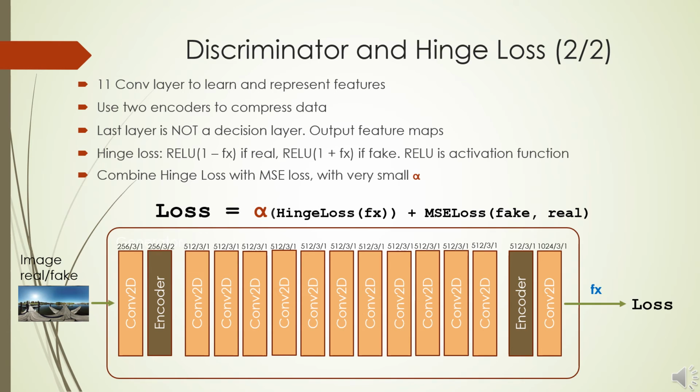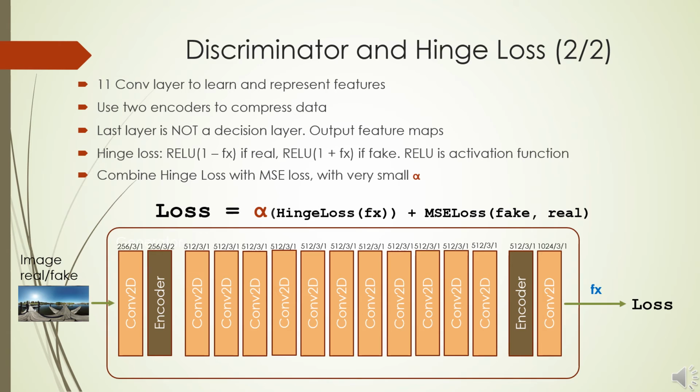Let's go into the detail of the structure of the discriminator and the loss function. The structure of the discriminator is described in the figure below. As previously discussed, the last layer of the discriminator is just a regular convolutional layer, and it is not a decision layer.